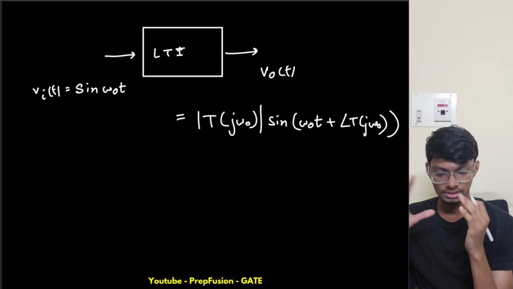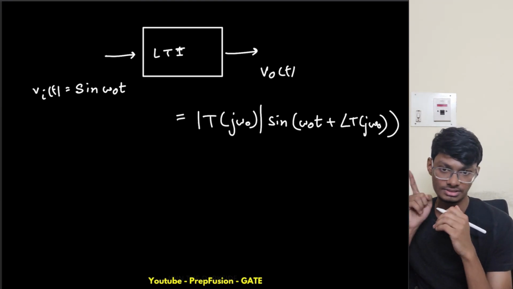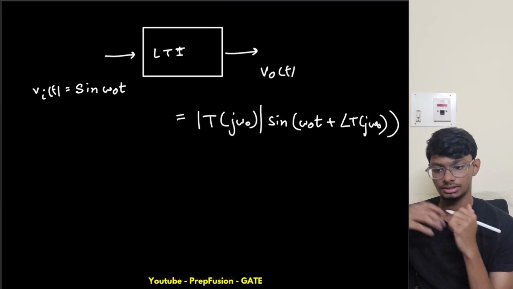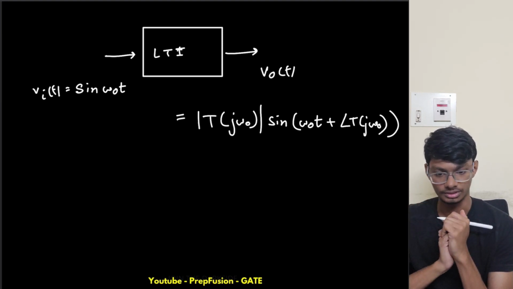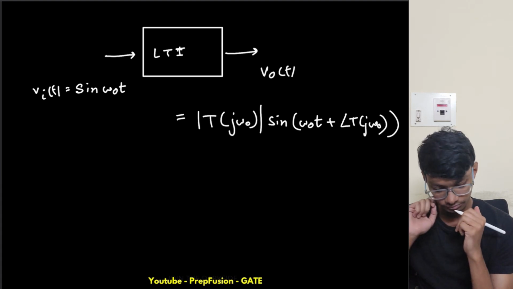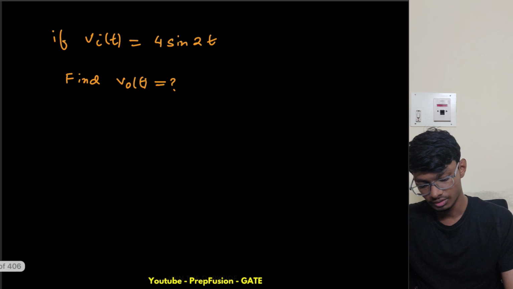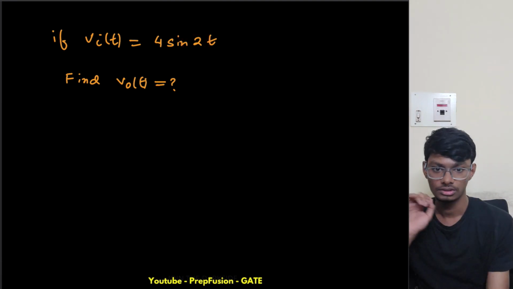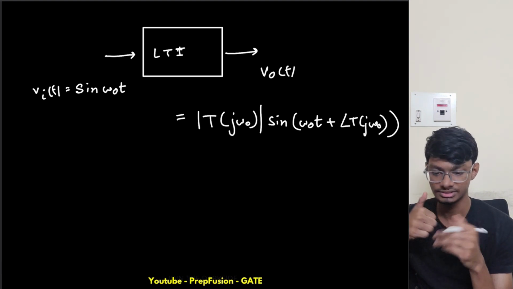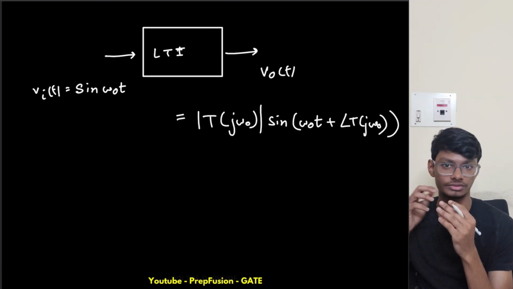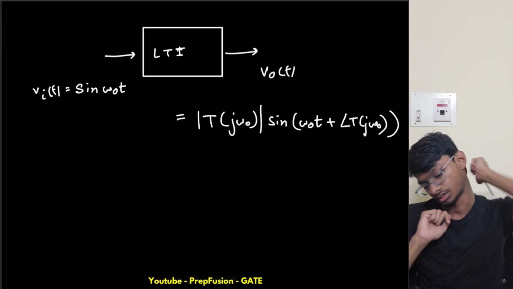I will simply find the transfer function, then replace s by j omega, as the real component is 0. S can be written as sigma plus j omega. Now j omega naught in our case is 2 here, so 2t. I will find the magnitude and the phase of the transfer function. These complex calculations we have studied in network theory classes. So that is what I will do.